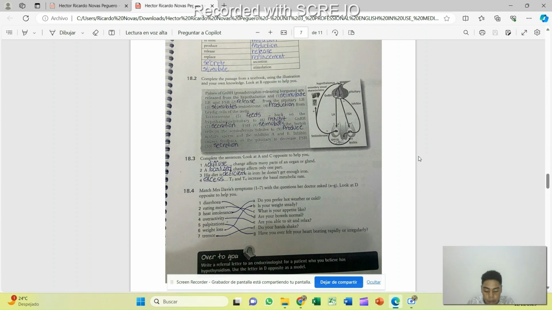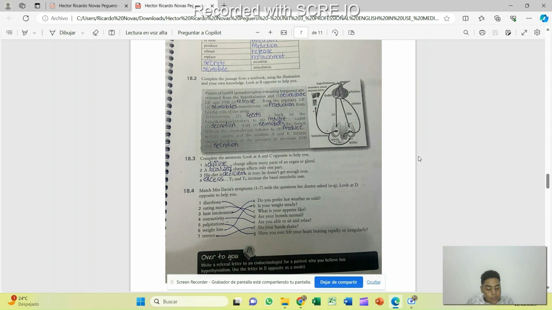FSH triggers the Sertoli cells in the seminiferous tubules to produce mature sperm and the inhibin.